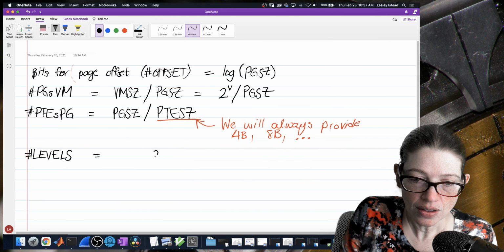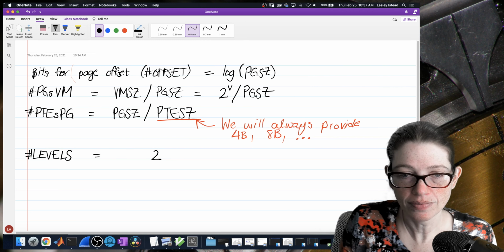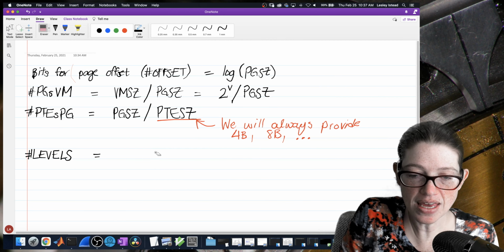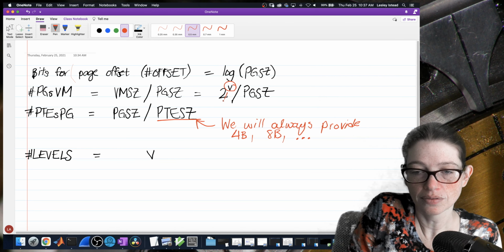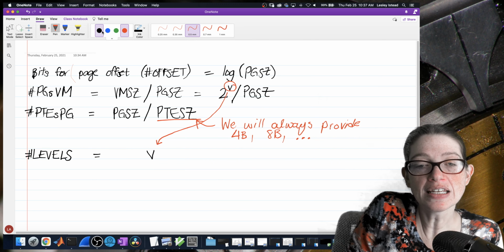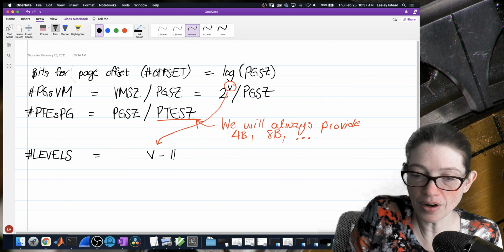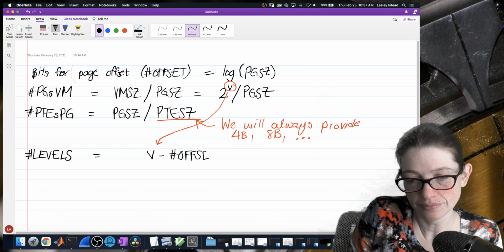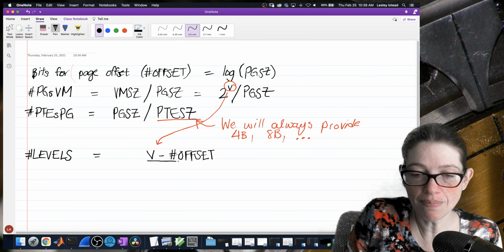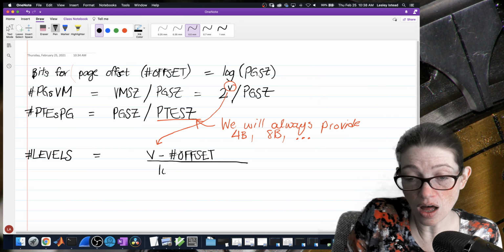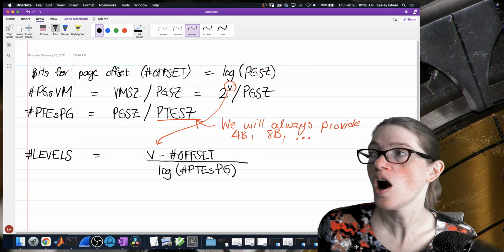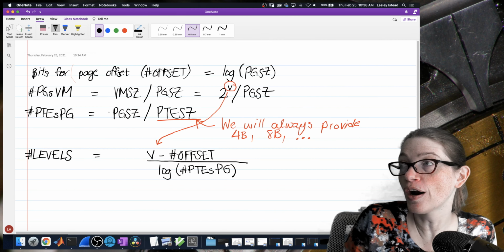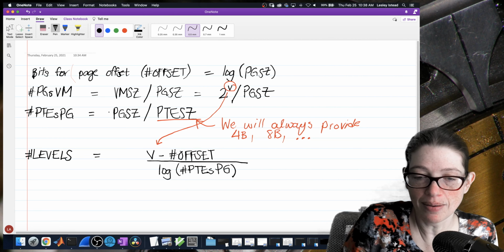So it is V, which is this V from here, V minus the number of bits for the offset, divided by the log of the number of PTEs per page, which is how many bits we would need for the page number in order to index a subtable.